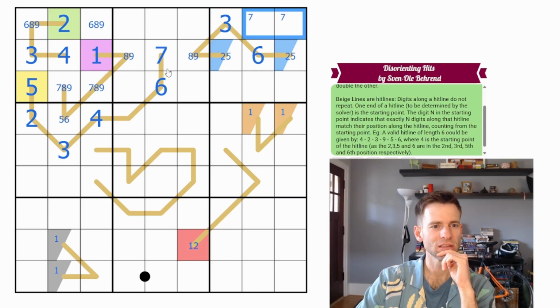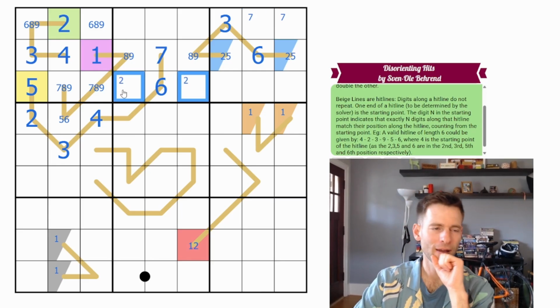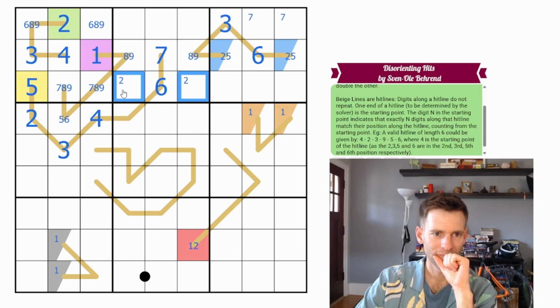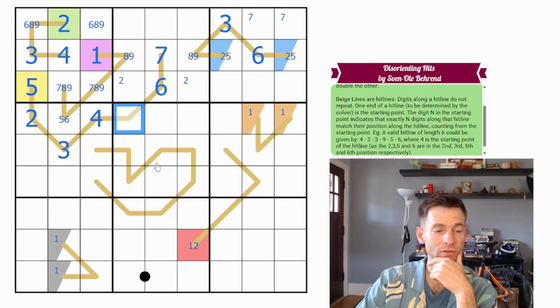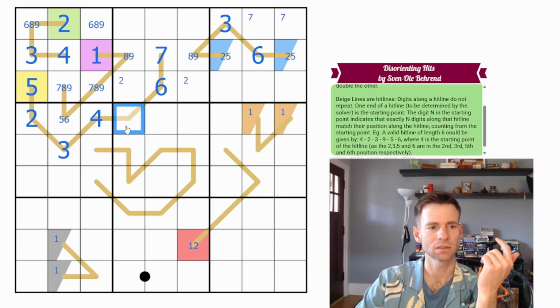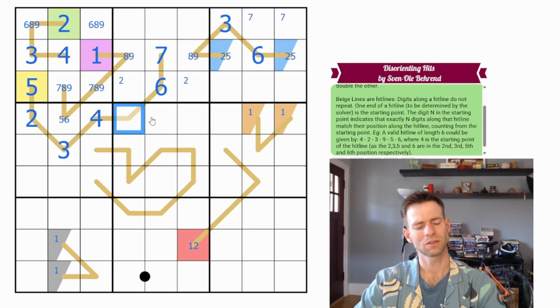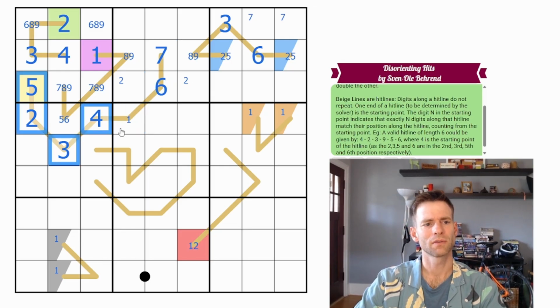Can we figure out what else is in there? And there's a 2 in one of these. I think that's all we can do there. All we know about this is that it's not a 5 or a 2, 4 like the other things by Sudoku, but this can still be lots. No, it can't be lots of things because you still can't repeat anything on the line. So it's a 1, 2, 3, 4, 5, 6, 7.